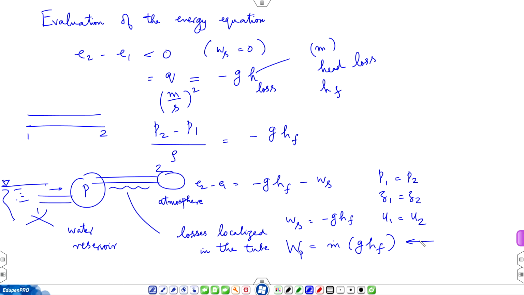Of course, there could be some losses in the inlet tube also. I am intuitively assuming that the inlet tube is short. Why? We will see that. Usually, the inlet tube of a pump is short, delivery tube is long. So, we will study the reasons for it as we go along. So, assuming that the inlet tube is of short length and losses are not very much. You remember that losses will be proportional to length.